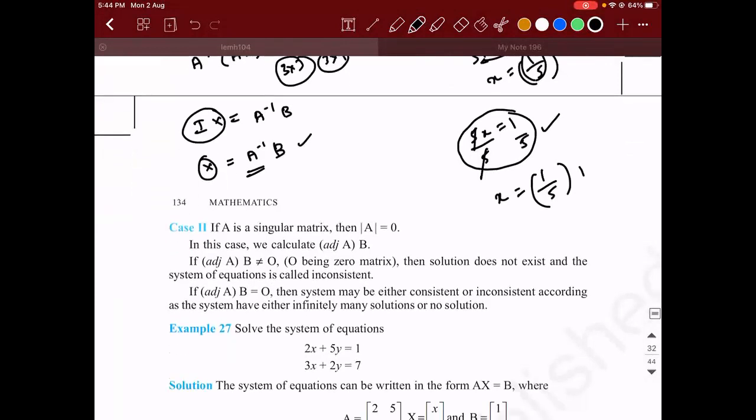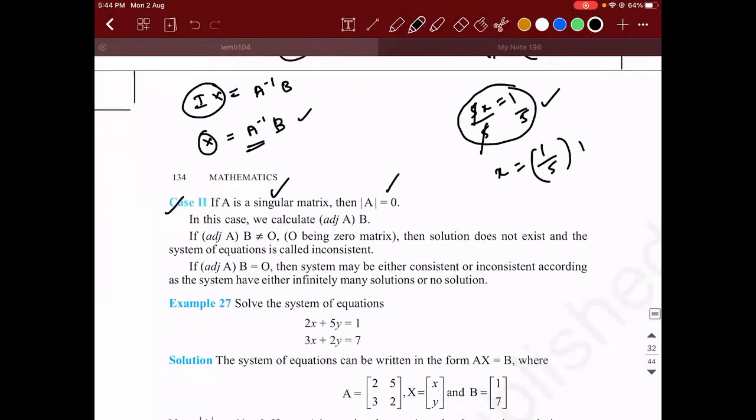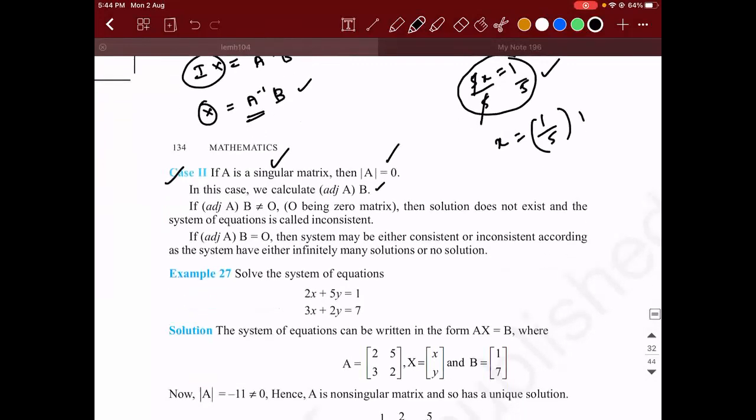Next, case 2. In case 1 we took a non-singular matrix. In case 2, if it is a singular matrix, then determinant of A will be 0. In this case, we calculate adjoint of A into B. If adjoint of A into B is not equal to 0, where 0 is a zero matrix, then the solution does not exist and the system of equations is inconsistent.